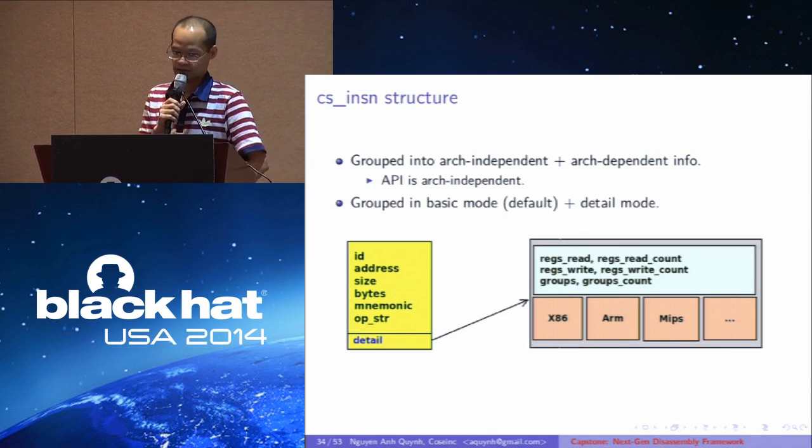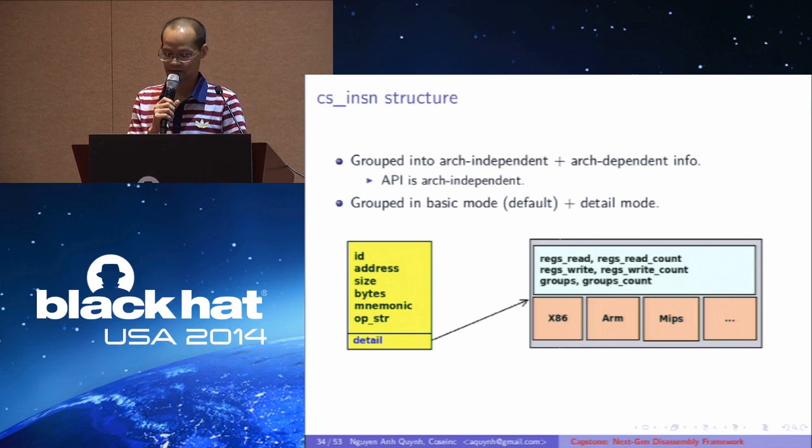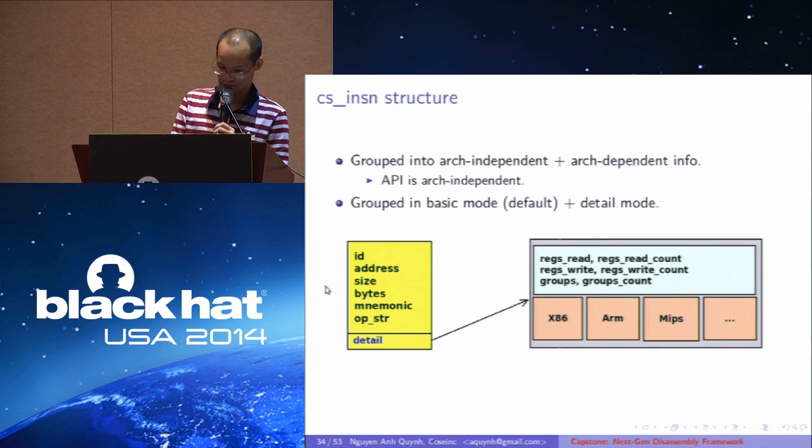Okay, let's take a look at this structure, which keeps all the information of the disassembled instruction. Here you can see that I group the information into two groups. The first one is architecture independent.